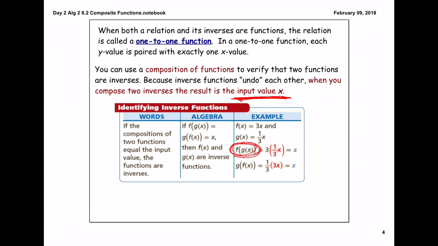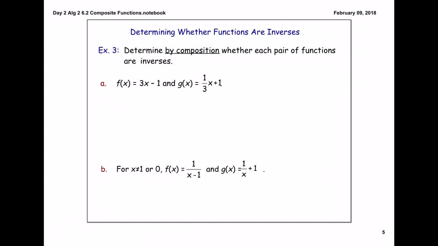So if you're looking at f of x and g of x to determine if they are inverses, you need to do f of g of x, and g of f of x must also equal x. So let's take a look at this. If we evaluate this first function and do f of g of x, we plug our g of x function into f of x and solve.